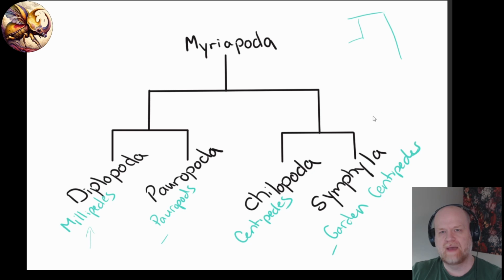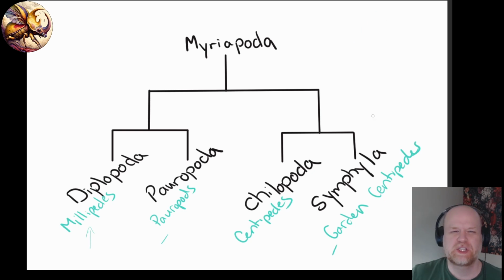But there'll have to be more studies done on this, and it's not super important for what we're talking about today. Today we're just going to be talking about what these things look like and how to recognize them. You probably are already fairly familiar with the diplopods and the chilopods, but with these smaller groups, we do need to go over those.